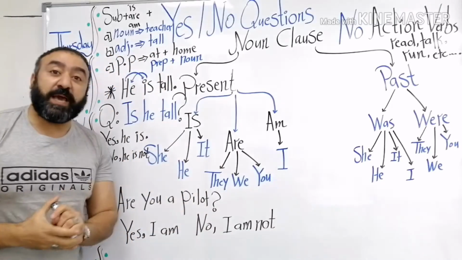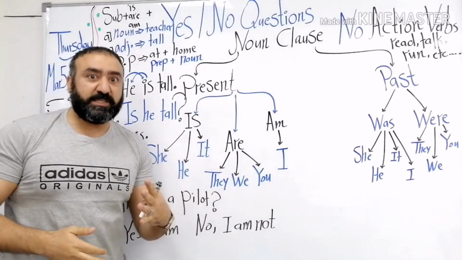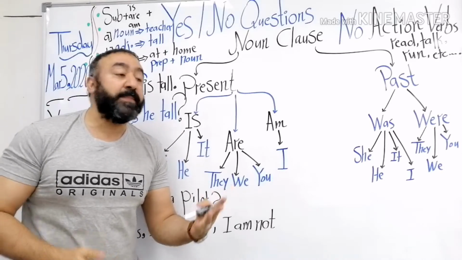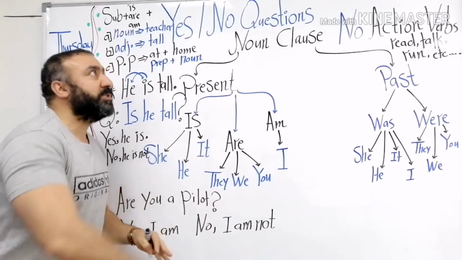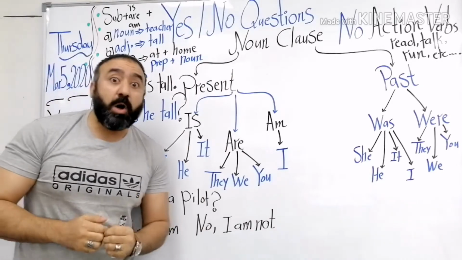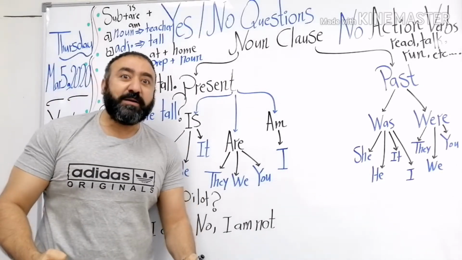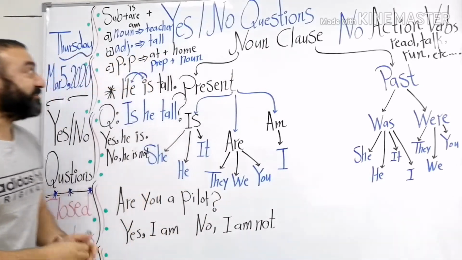For example, we can say, my teacher is super intelligent. My cousin is tall. My uncle is very strong. All of these are called adjectives.